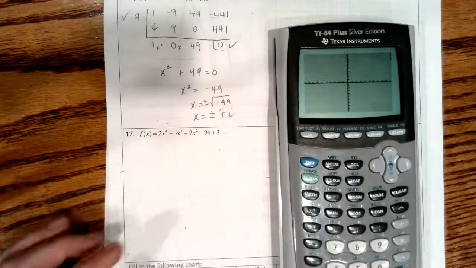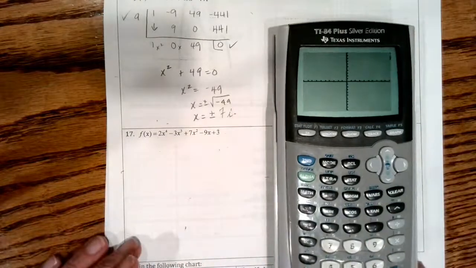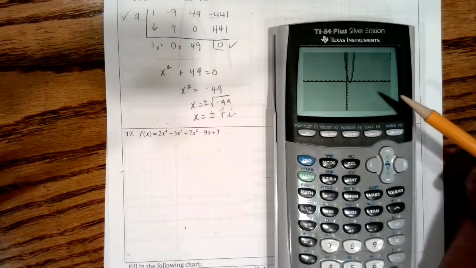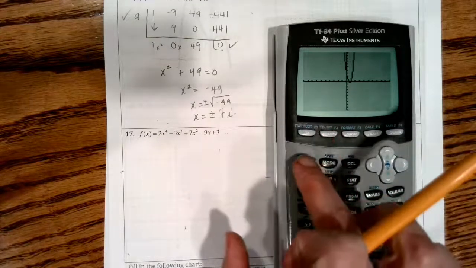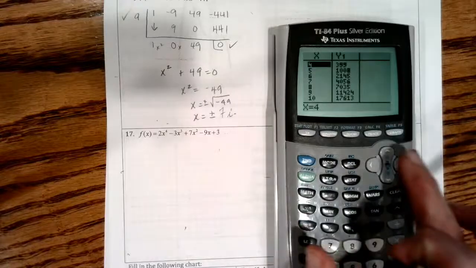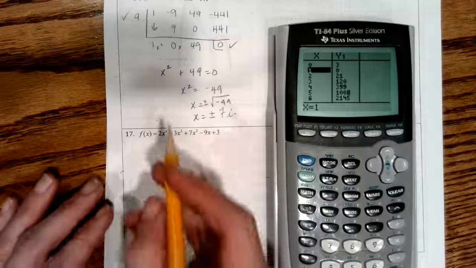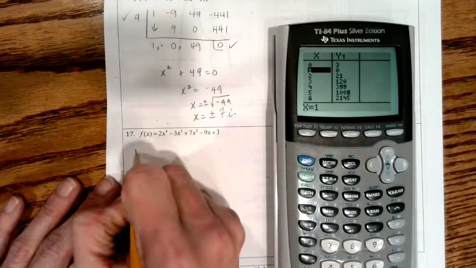When I graph it, I'm hoping to find a 0. So this is interesting here. Oh, there it is. So 1 goes in evenly.